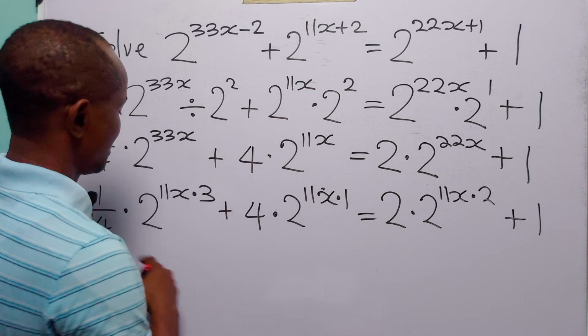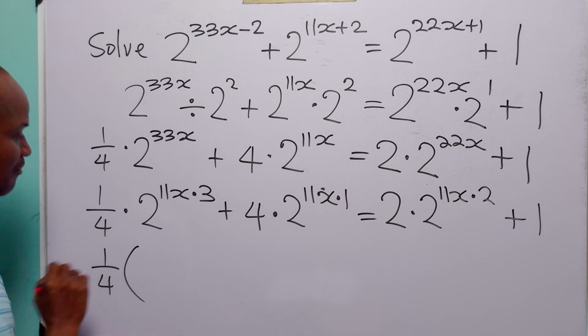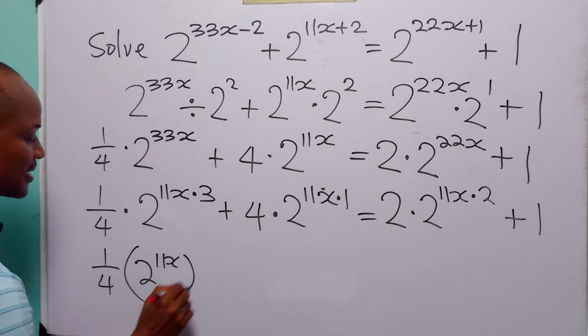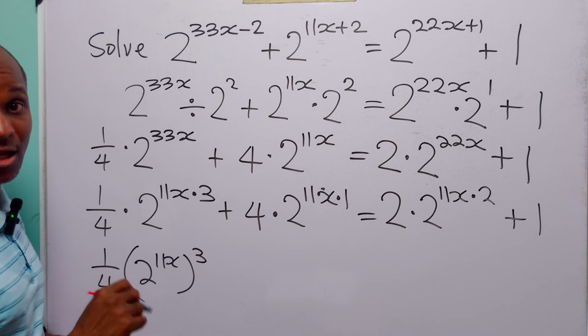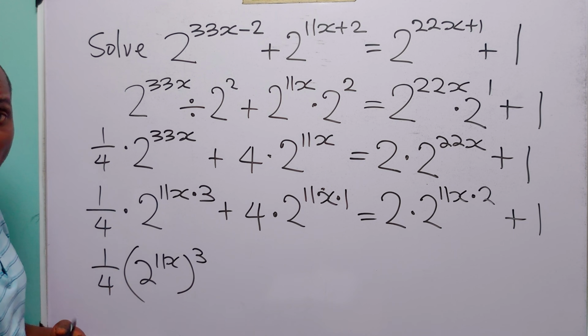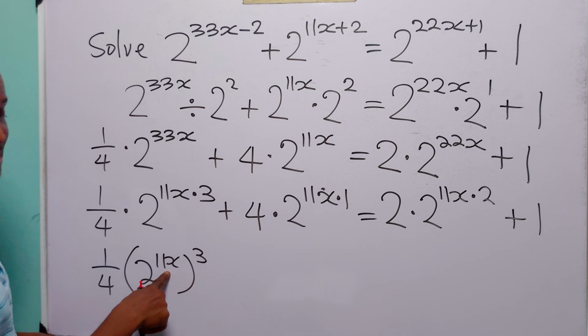Now, we can write this as 1 over 4 multiplied by 2 to the power 11x, all to the power 3. Because from our laws of indices, to get rid of this bracket, all we have to do is multiply these two powers.